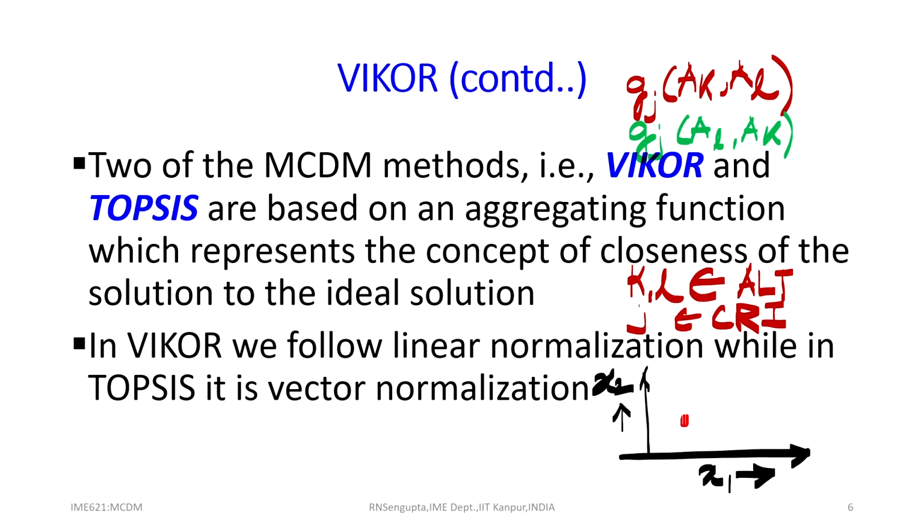I will mark one with red, which is A, and the other with blue, which is B, and I mark the distance between them, A to B, in black. In Cartesian coordinates, the distance measure between A and B and between B and A would be the same. But very interestingly, when I am comparing Ak to Al based on the jth criterion and when I am comparing Al to Ak based on the jth criterion, they need not be equal.